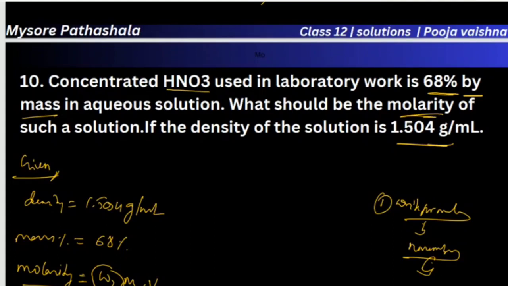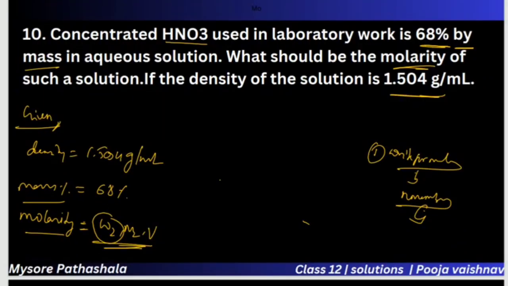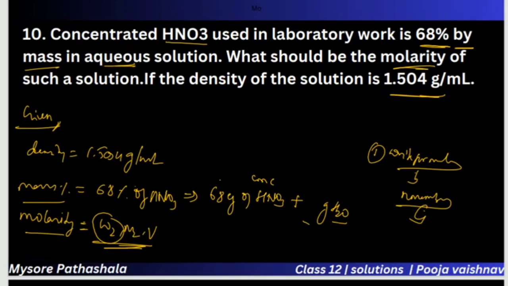From mass percentage, 68% by mass of aqueous solution of HNO3, this means 68 gram of HNO3 is dissolved in some grams of water, to get 100 gram of solution.